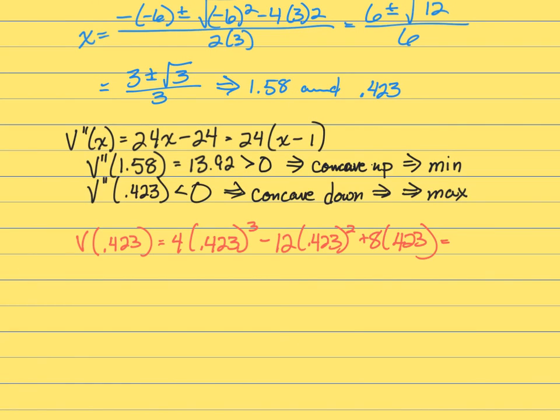And that will equal 1.54. And these were in meters, so this is a volume, so this is cubic meters. So we get a maximum when the size of the corner that we cut out is 0.423. And what is the maximum? 1.54. That's the biggest volume of box that we can get under these circumstances.